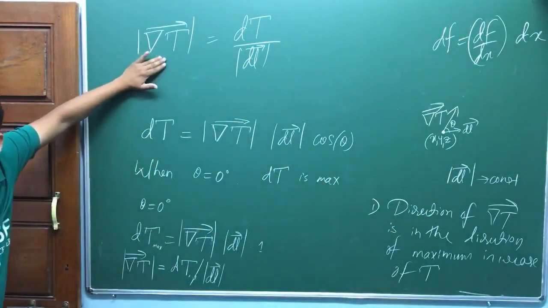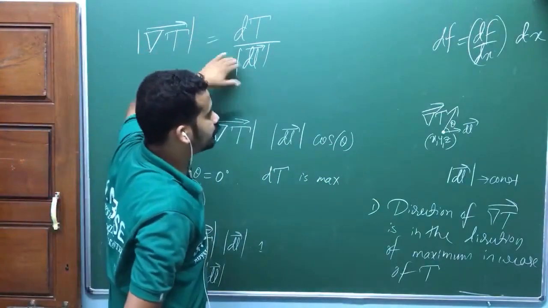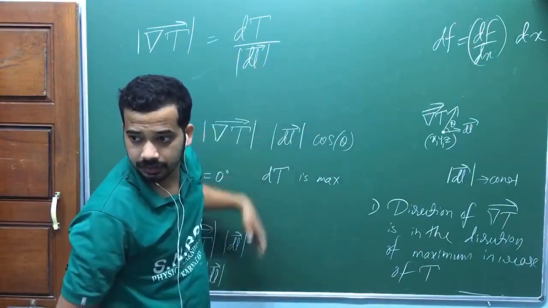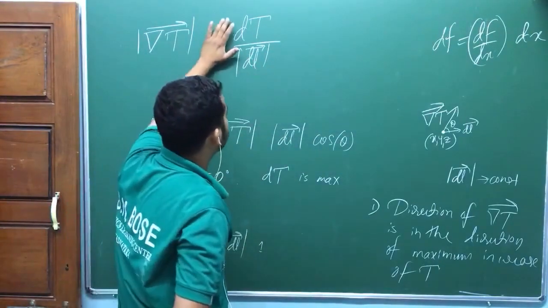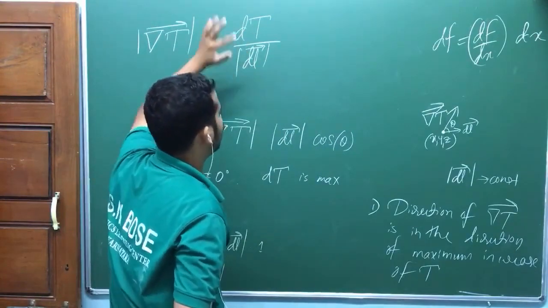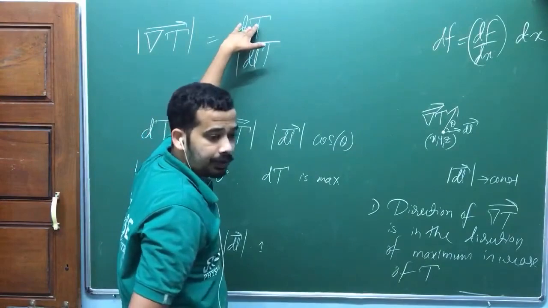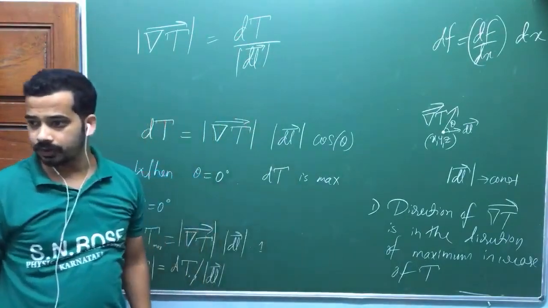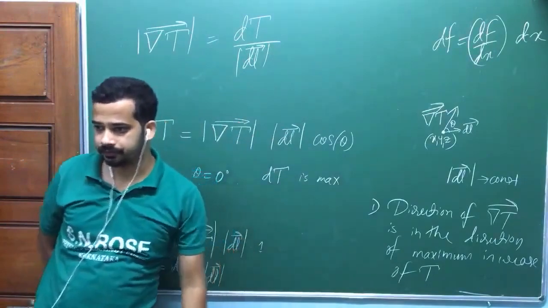That magnitude of the gradient, it is a rate of change, just like df by dx. Look at that mathematical expression. That's a rate of change of temperature with respect to displacement, with respect to distance in that particular direction.